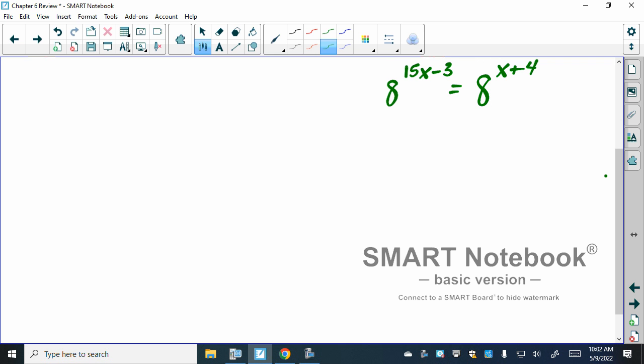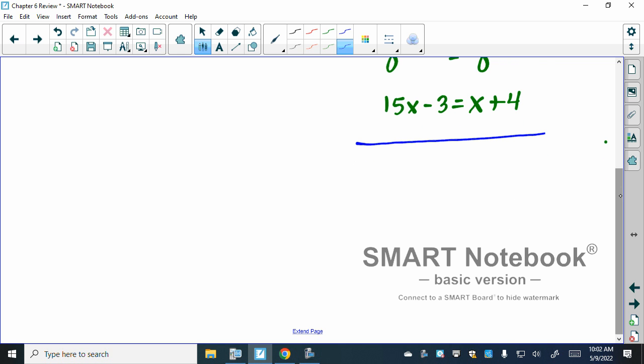Now, since the bases are the same, the exponents have to be the same as well. So 15x minus 3 has to equal x plus 4. What can we do next? Yes, we can minus x from both sides, telling us that 14x minus 3 is equal to 4.